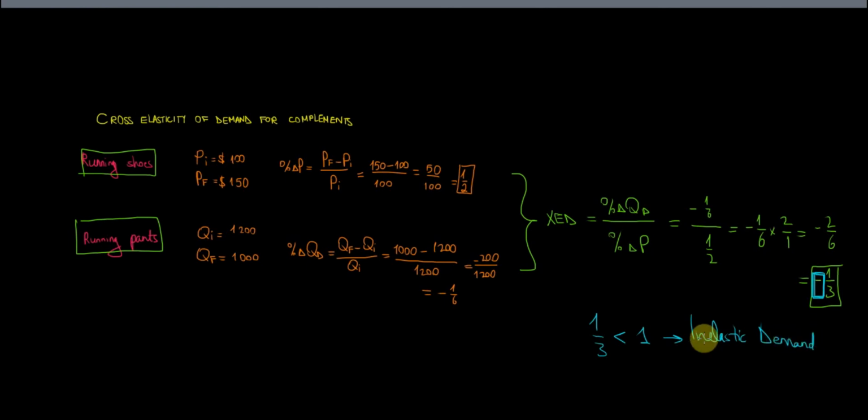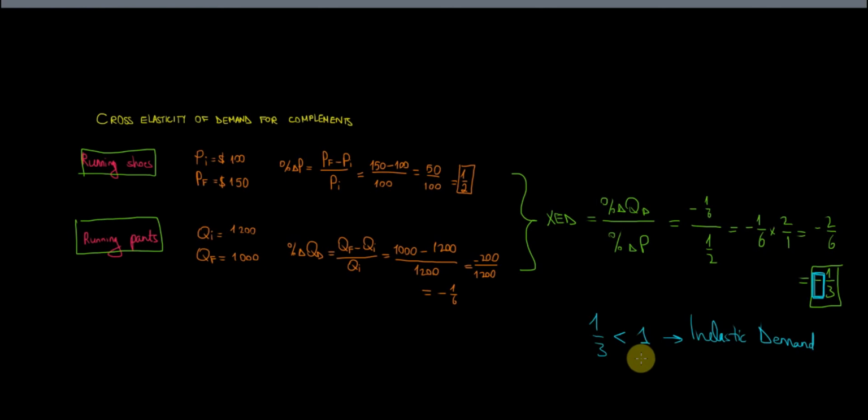Why is that the case? Why is it inelastic? Because even though the running shoes increase in price, people do not react that much in their consumption of running pants, since the running pants, even though they're complementary with running shoes, are not that strongly complementary, because the running pants can be used also for just maybe going to the gym or just going outside in a casual sporty style.